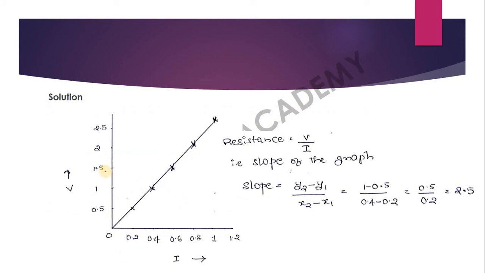All that you need to do is take a graph paper. I have done it here by hand, but you need to take the graph paper and represent V on the y-axis and I on the x-axis, because it is given as a VI graph.